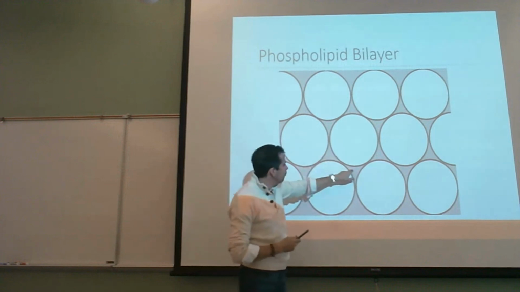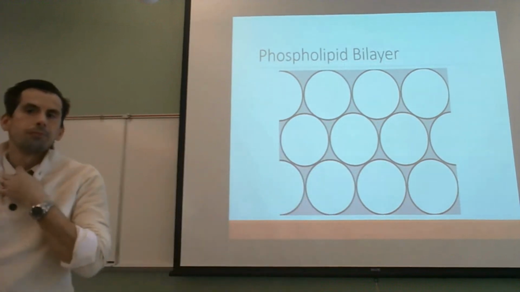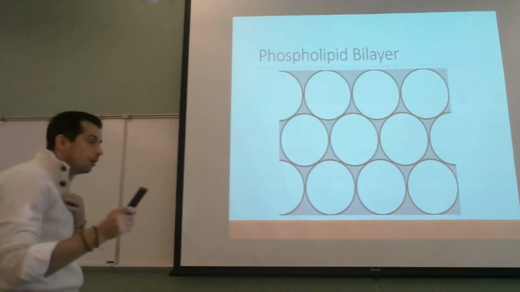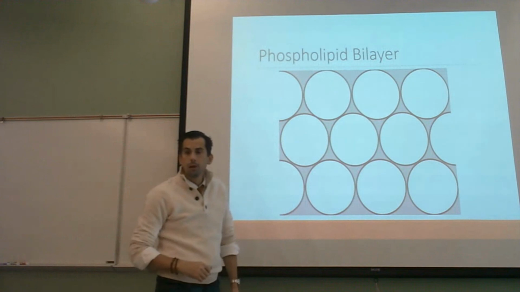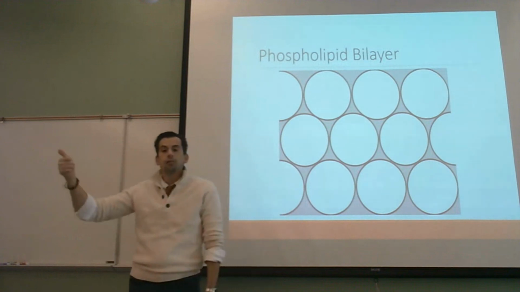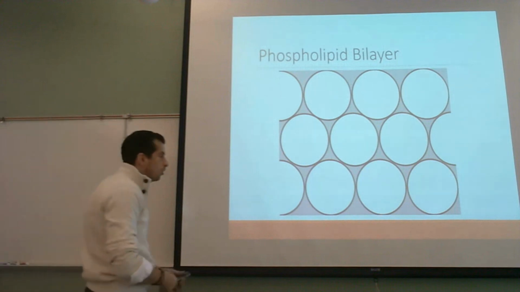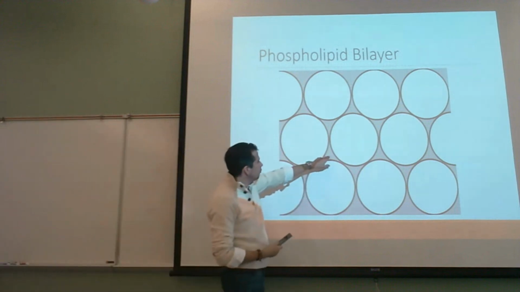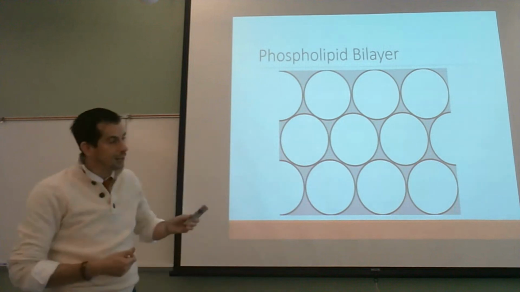There's always going to be a little space in between the ping pong balls. So right off the bat, if we want something to get through that membrane, the size of the molecule comes into play. If it's a small molecule, it can squeeze in between the holes. If it's a big one, it cannot.